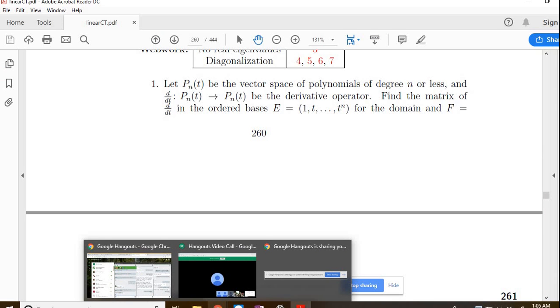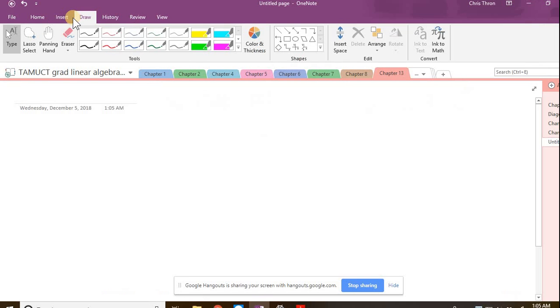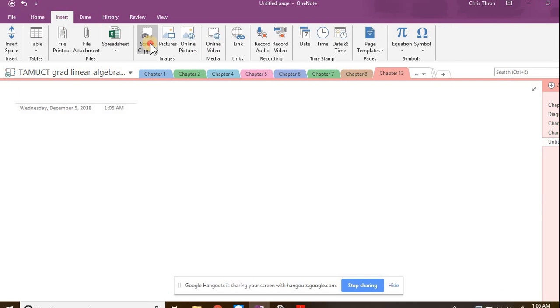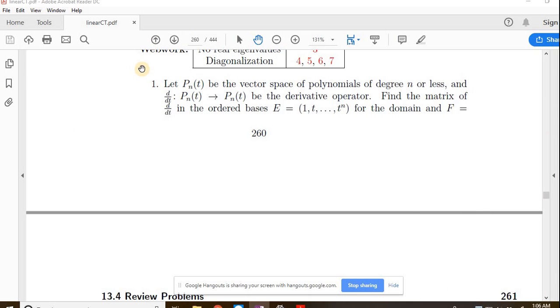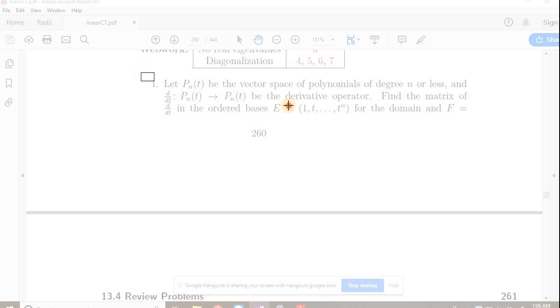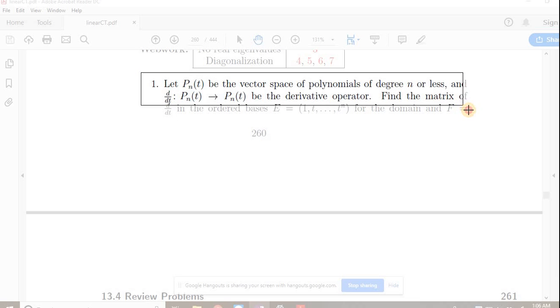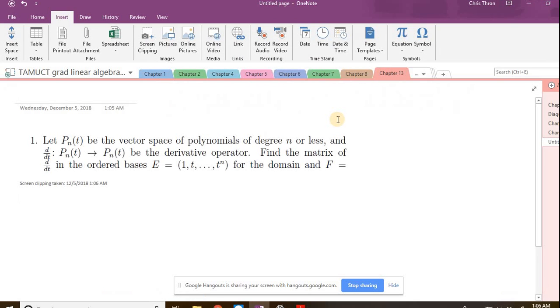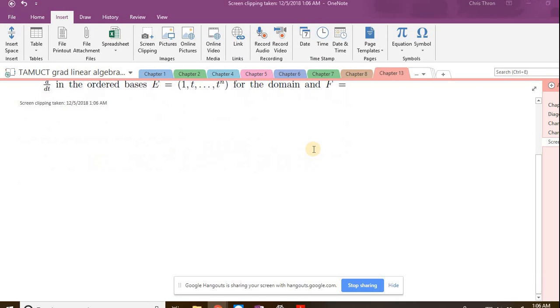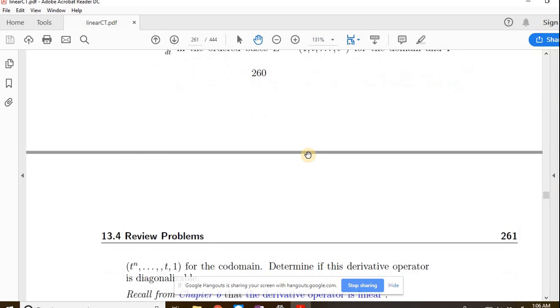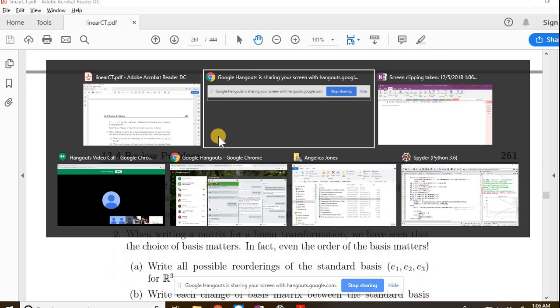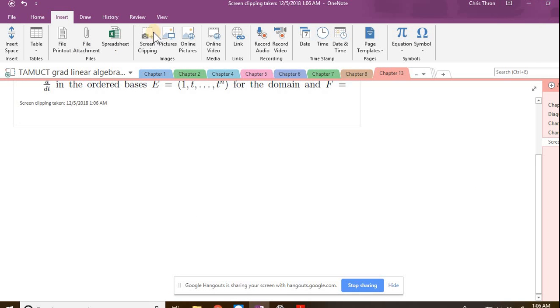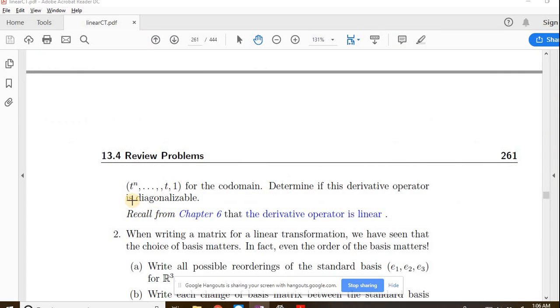And here. And insert screen clipping. Okay, and then I'll take the second part too. Clipping.